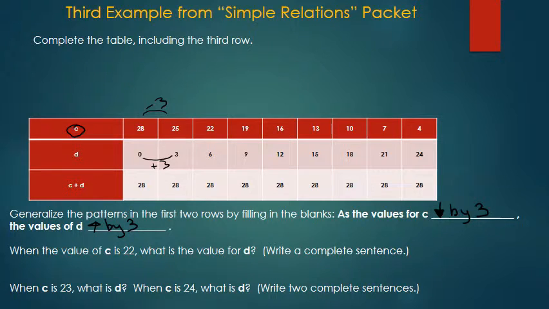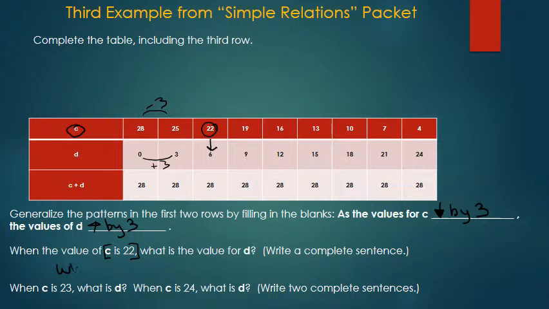Okay, and then when the value of C is 22, what is the value for D? So we need to look for where C equals 22. Well, right here, we have that C equals 22. So we need to find the corresponding value for D, which is 6.